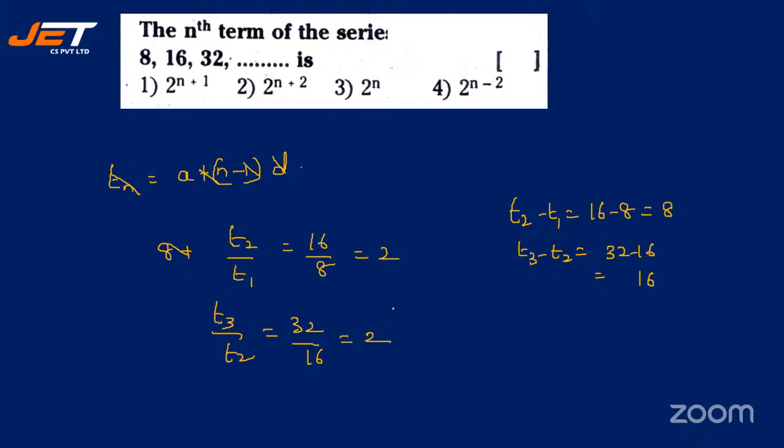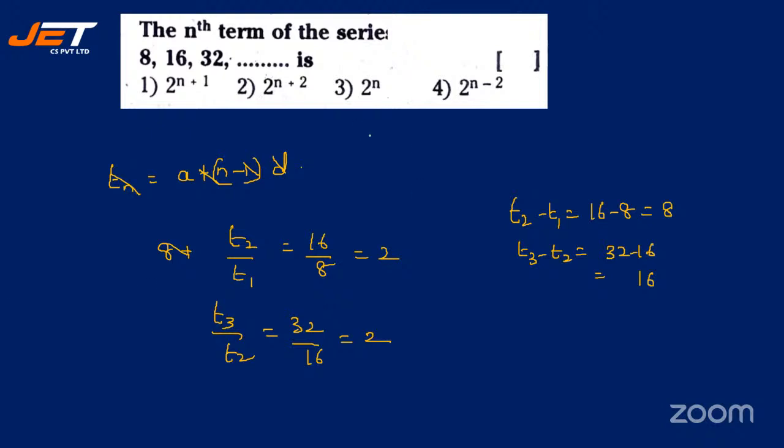Always, students, you should not immediately jump to a conclusion that this is AP or this is GP. You must check whether it is AP or GP, then based on that only you should do the sum.